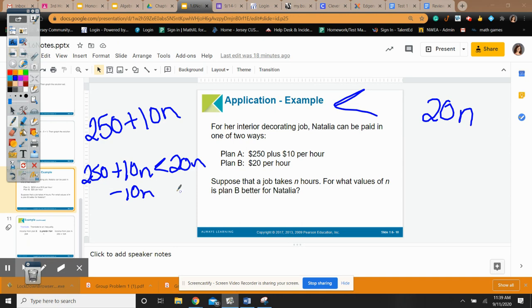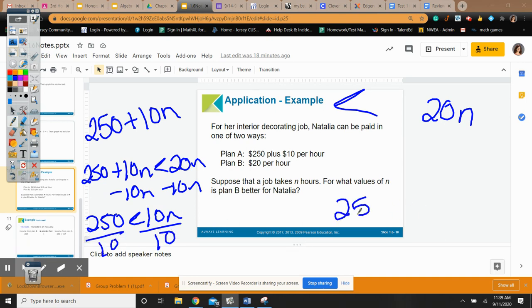When you subtract 10n, you get 250 is less than 10n, divide by 10, and you get 25 is less than n. If you switch it around so that the n is on the left side, the alligator mouth is eating the n. Anytime it's more than 25 hours, she'll get more money by using plan B.